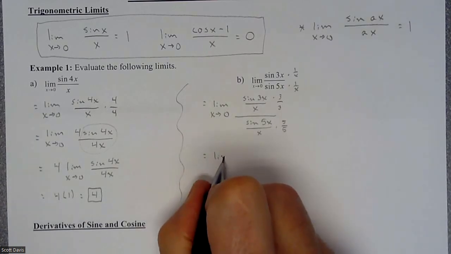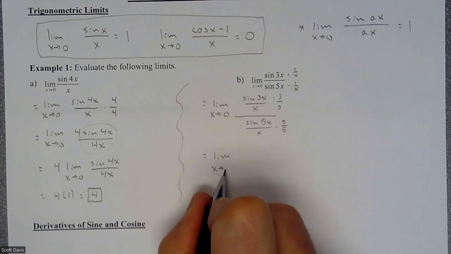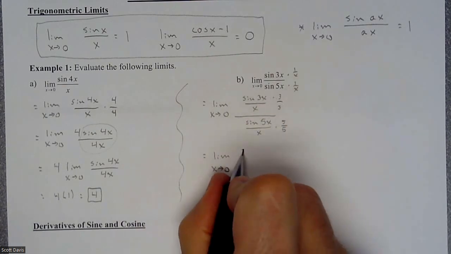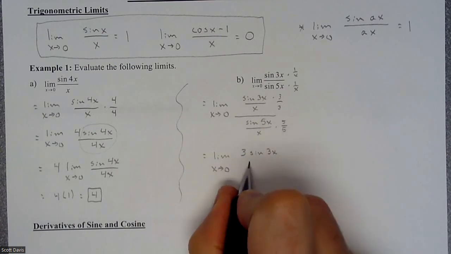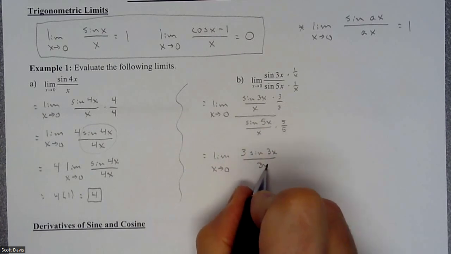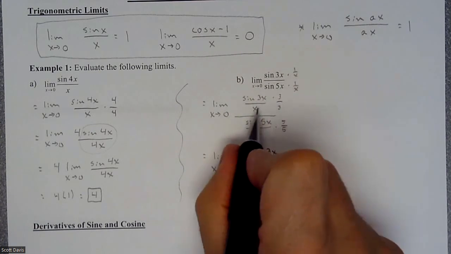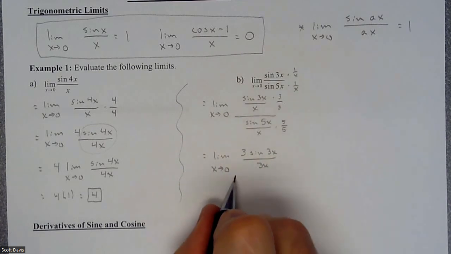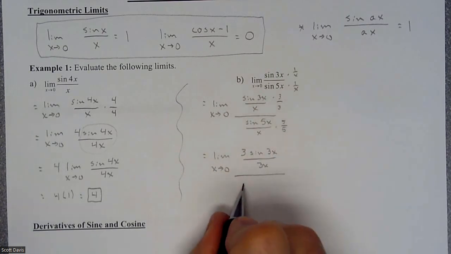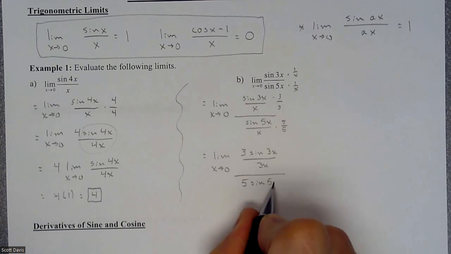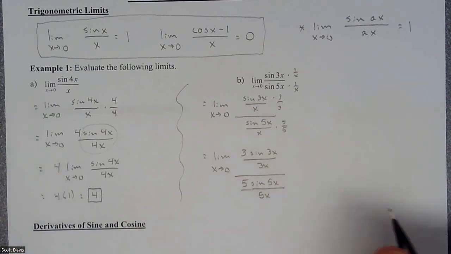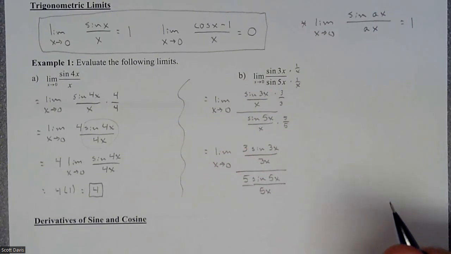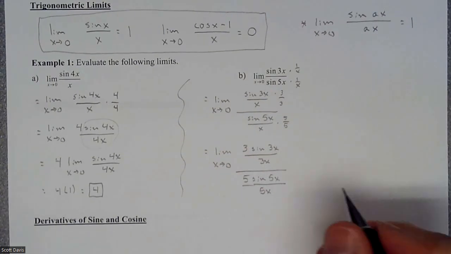So now if I rewrite that, the limit as x approaches 0 of 3 sine 3x over 3x, to put that 3 with the x. That's exactly what we're looking for, all over the same exact idea on this one: 5 sine 5x over 5x. All right, so what can we do with this?